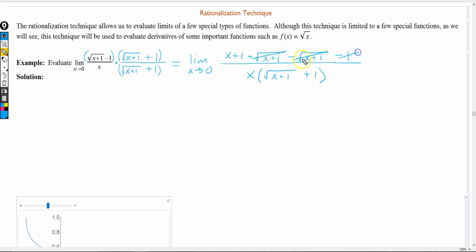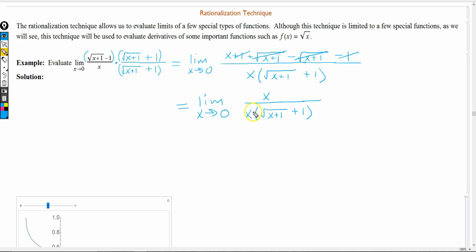Notice that this negative 1 cancels with this one over here, and what we're left with then is the limit as x approaches 0 of x divided by x times the square root of x plus 1 plus 1.